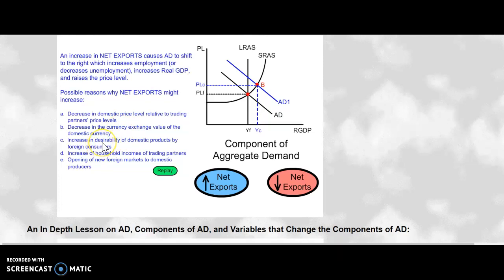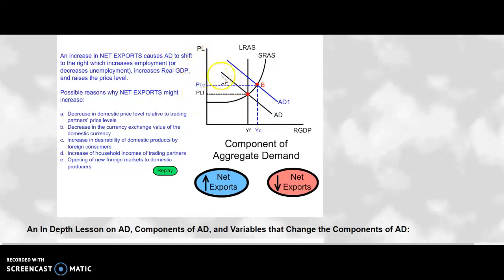First, if foreigners just want to buy more of our products, if there's an increase in the desirability of products by foreign consumers, that could potentially increase aggregate demand, shift it to the right. Okay, if our goods look cheaper because of decreases in the price level. Now, again, in the previous video, I said that a change in the price level should really be a movement.